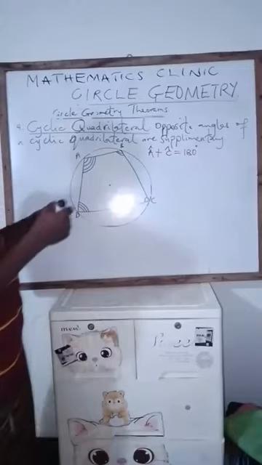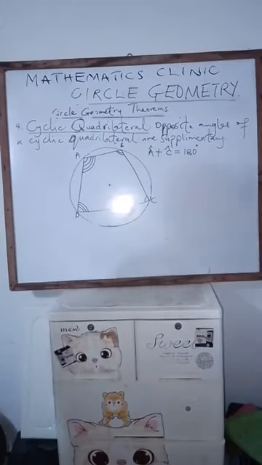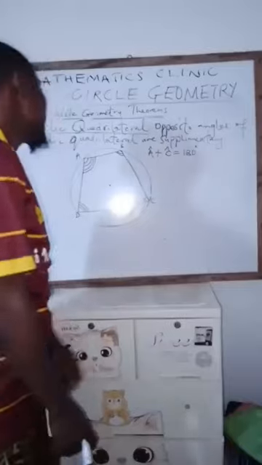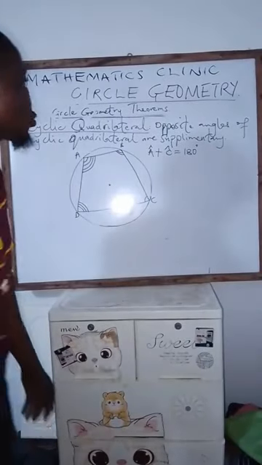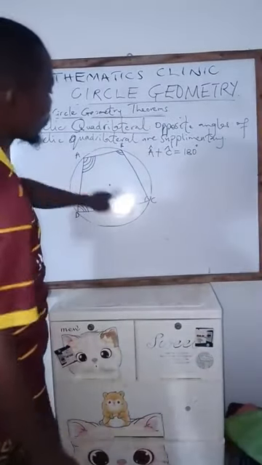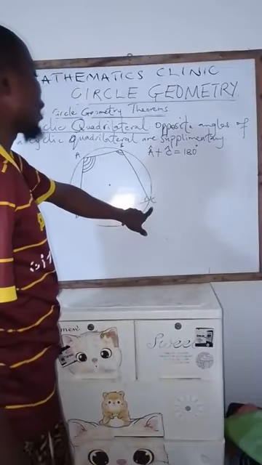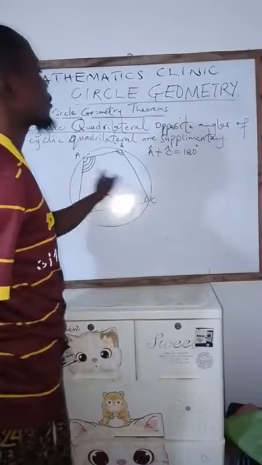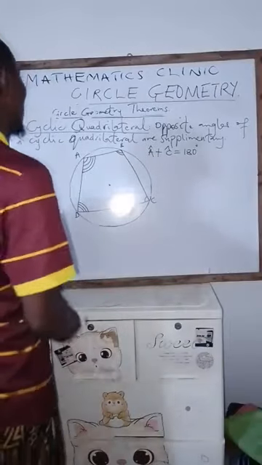Those are supplementary angles. Supplementary angles are angles adding up to 180. Any two angles that add up to 180 are said to be supplementary. So angle A is supplementary to angle C. So the opposite angles in a cyclic quadrilateral are supplementary, 180 degrees.